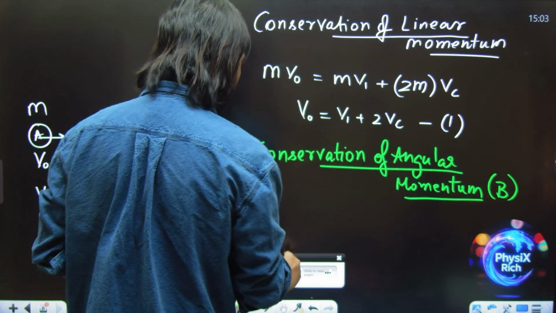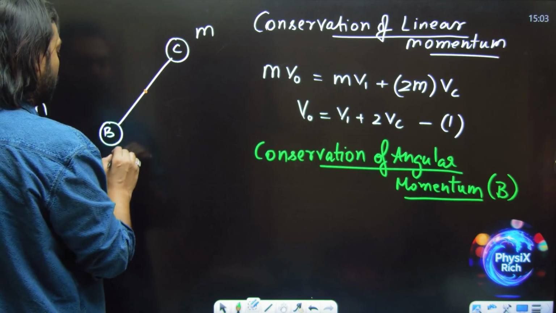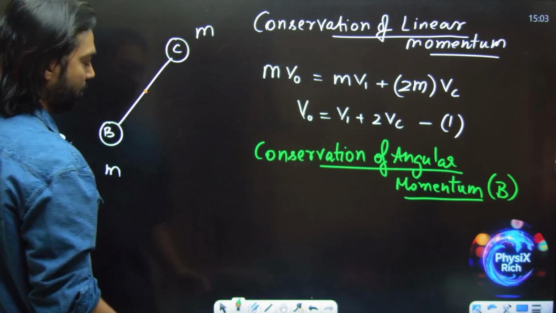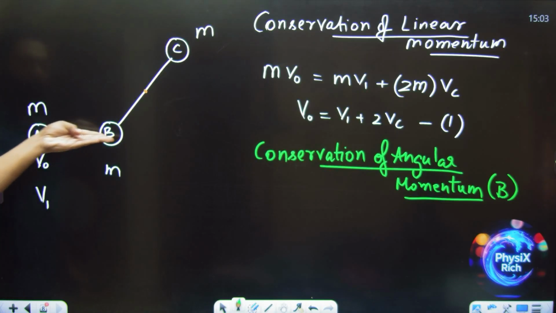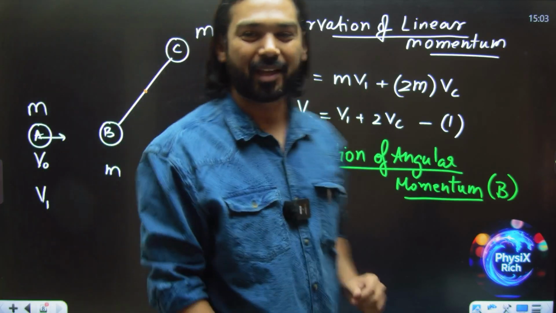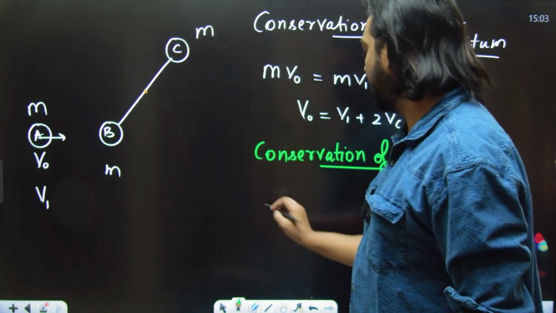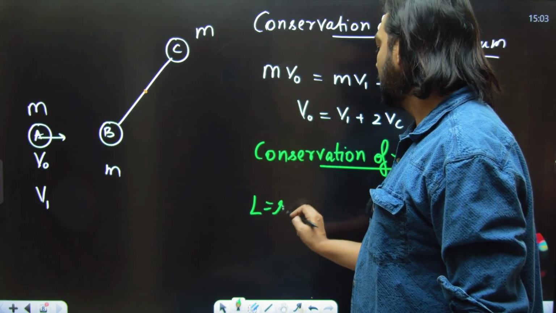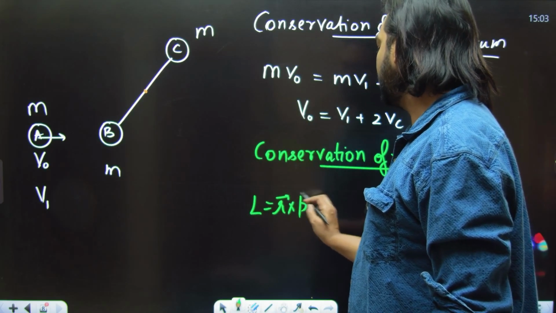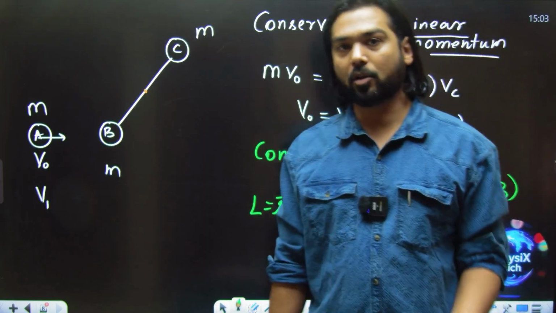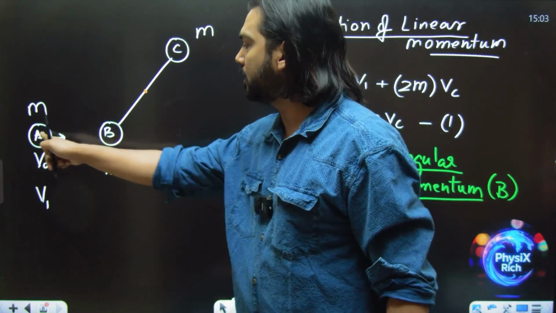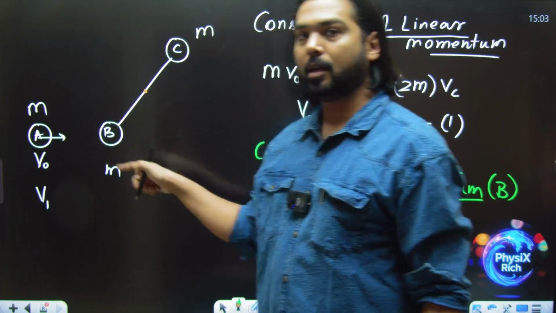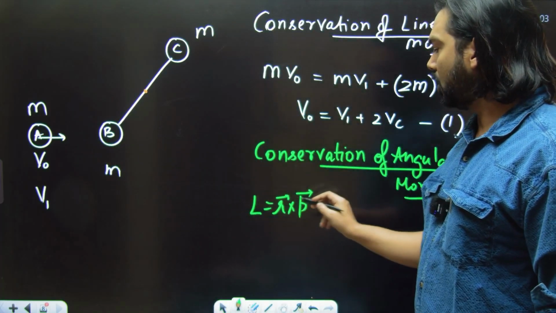Now, this is particularly simpler compared to the other point because of one simple reason. There is no angular momentum of this particle about B. You know why? Because what is angular momentum? Angular momentum is given as R cross P, where P is the linear momentum. Now see, the linear momentum of this particle is pointing towards B. R vector cross P vector.